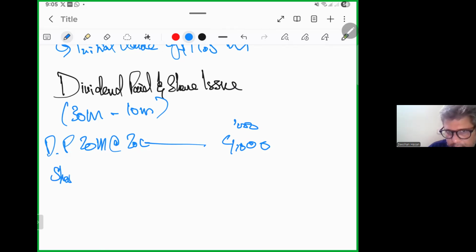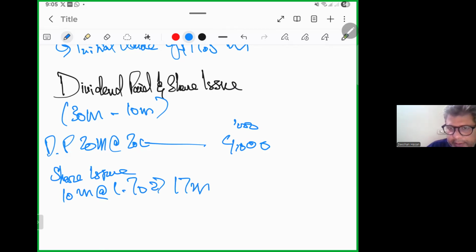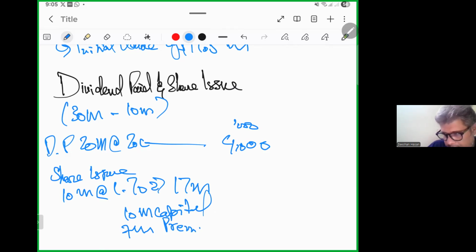Now the share issue is 10 million at 1.70. We will get 17 million, right? So 10 million capital, 7 million premium.